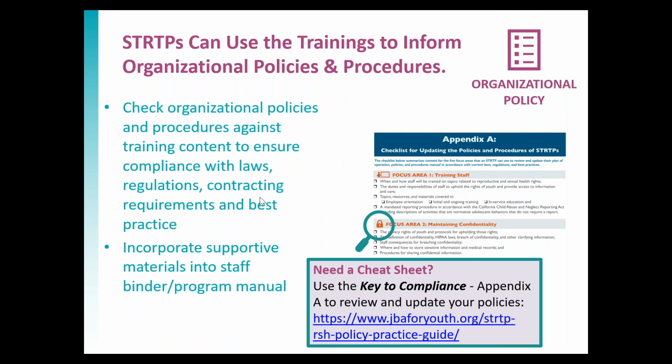So one more thing that I just want to share with you before handing it over to cover the laws: if you are an STRTP management, leadership, or administrator working to update your policies and procedures, we do have a Key to Compliance guide that has an appendix, a checklist for the various areas, including training staff and how to update your procedures manuals in compliance with law and regulation.